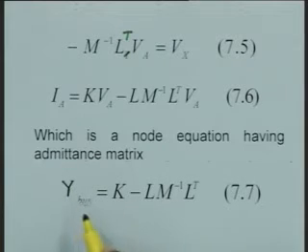Therefore, here the network which initially had a certain number of nodes, those nodes where there was no current injection have been eliminated, and this is now a reduced order model, and there are no nodes where there is no injection. Actually, I will just illustrate this with the help of an example.